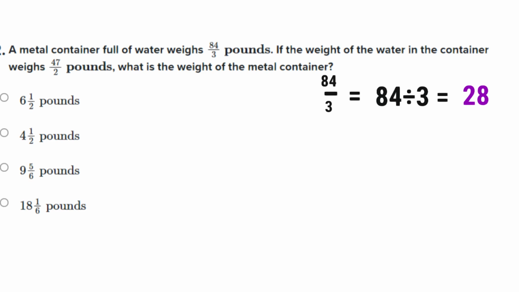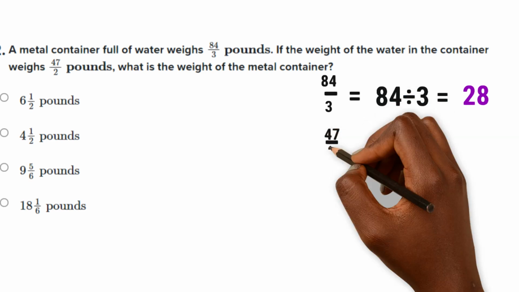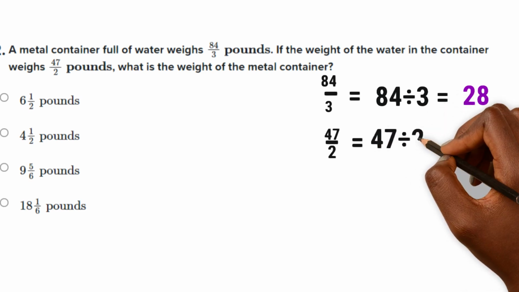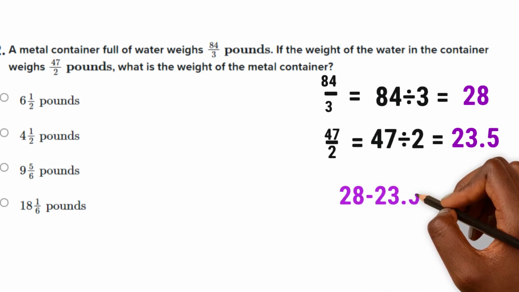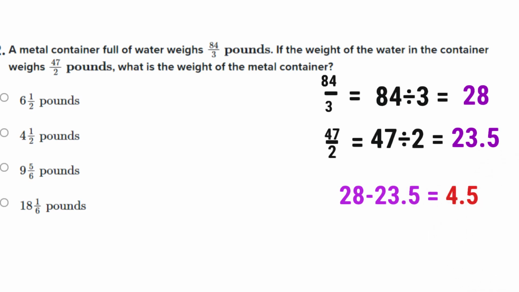We have a second fraction in the problem. So 47 divided by 2, plugging that into our calculator should give us 23.5. This question is asking for the difference of the two to find the metal that's in the container. So 28 minus 23.5 gives us 4.5.